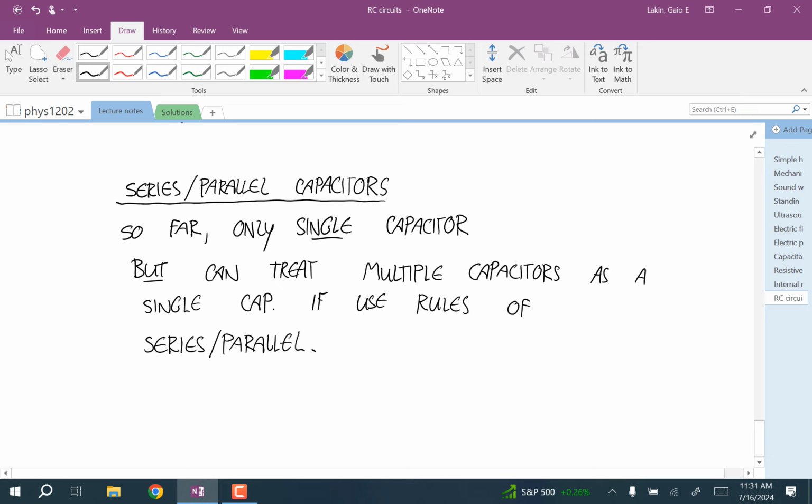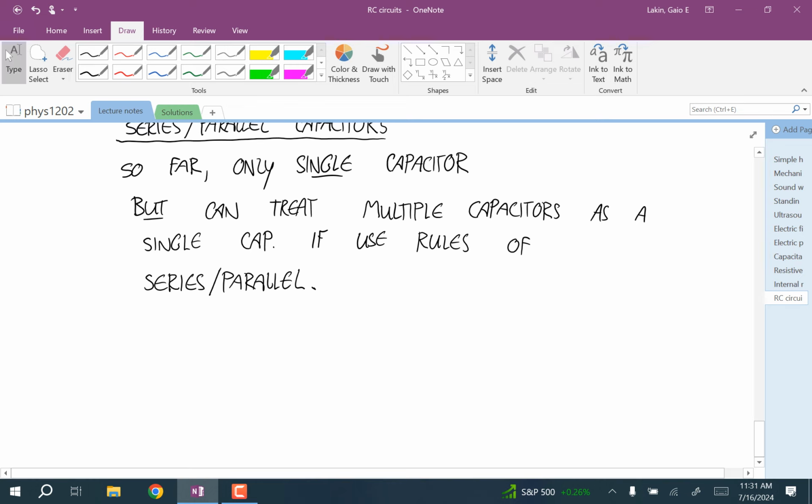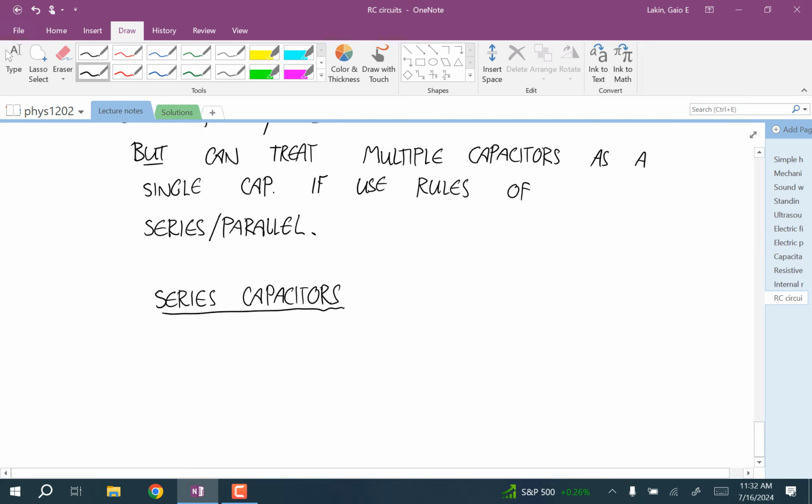I talked about something like this with resistors. You can also do it with resistors, and I want you to notice that the rules are switched for capacitors compared to resistors. And you'll see what I mean as I get into this. So, okay, if you have two series capacitors, remember the definition of two things that are in series is that they share one node and no other element shares that node.